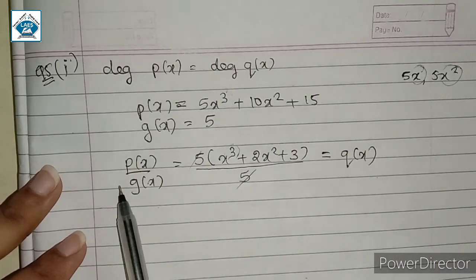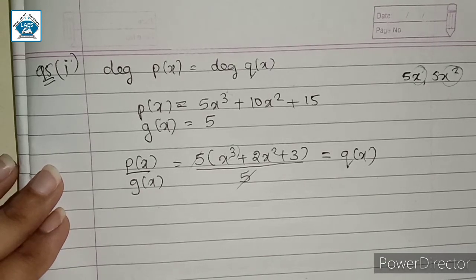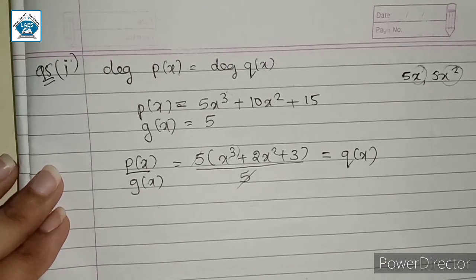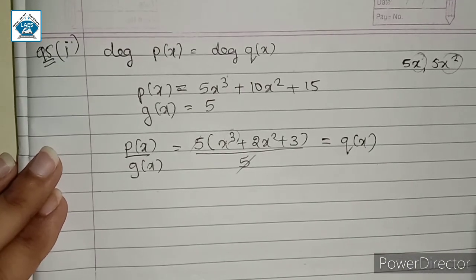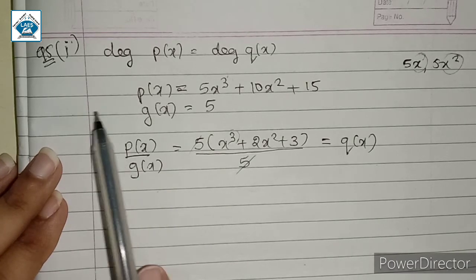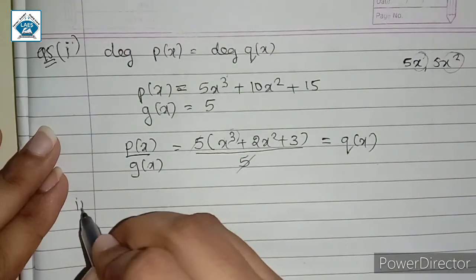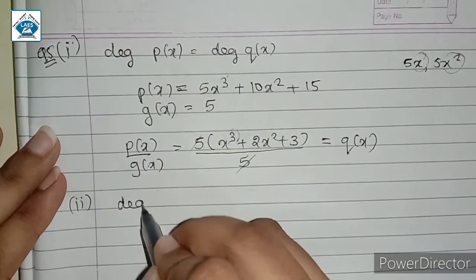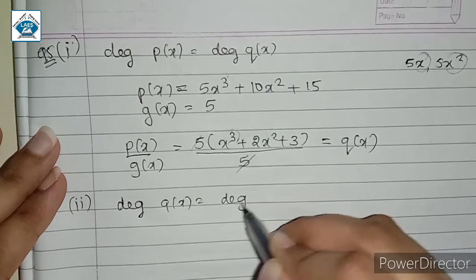Now in this question, all these polynomials satisfy Euclid's division algorithm, or you can say these polynomials satisfy the division algorithm for polynomials. You can find many other polynomials which satisfy the division algorithm along with this condition. In the second question, you have to find polynomials in which degree of q(x) is equal to degree of r(x).